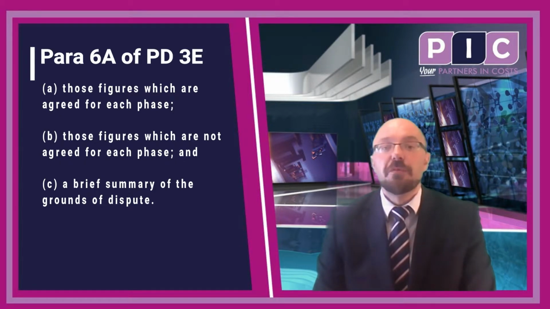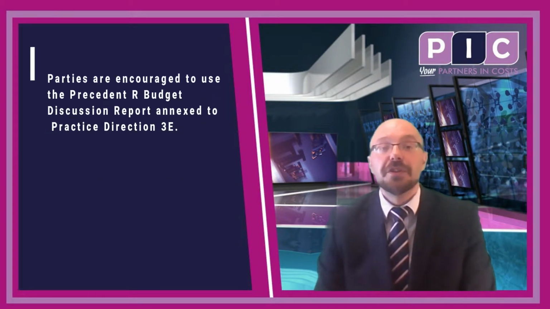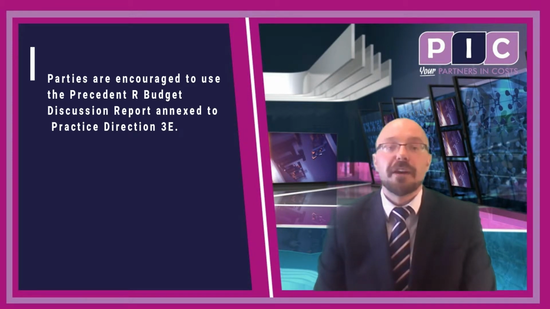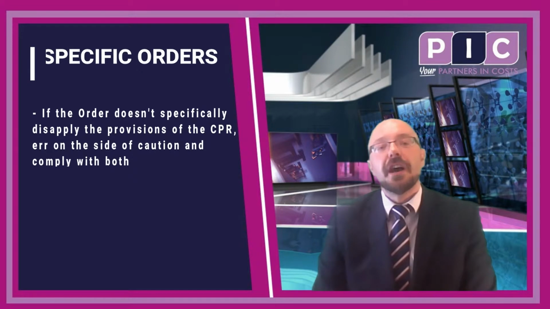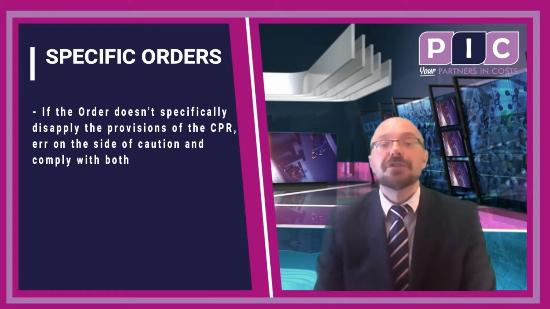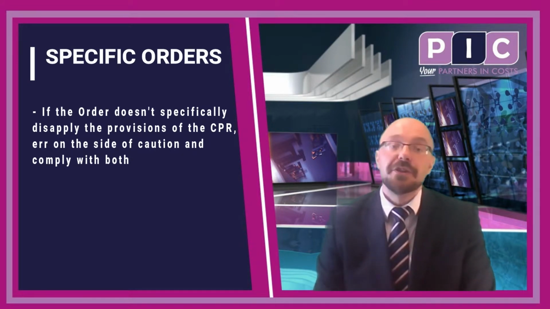The budget discussion report will be a budget discussion report if it complies with the provisions of CPR 3.32, so therefore setting out the figures which are agreed, those which aren't agreed, and a summary of the grounds for dispute. Some courts make specific orders requiring, for instance, a one-page summary of the points in issue or the matters which are being put in dispute in relation to the budgets.